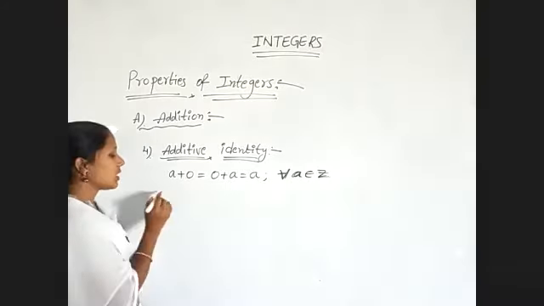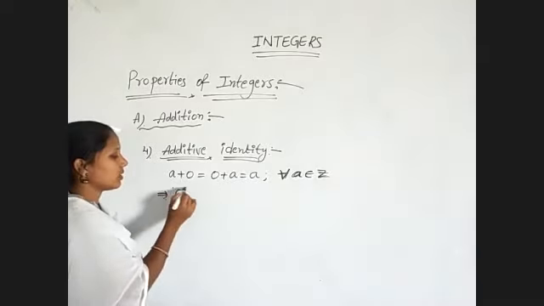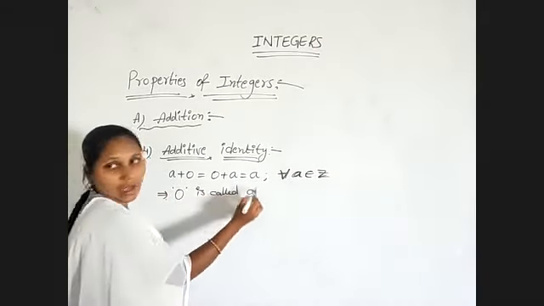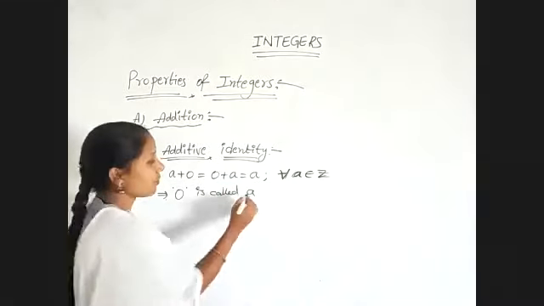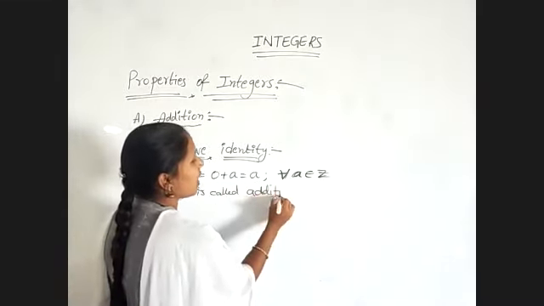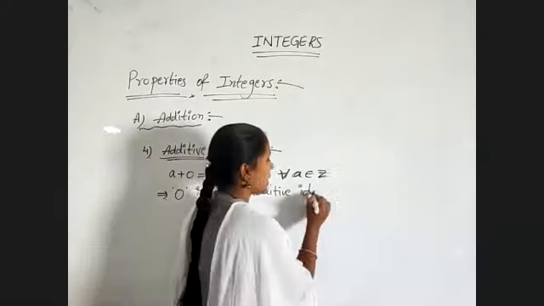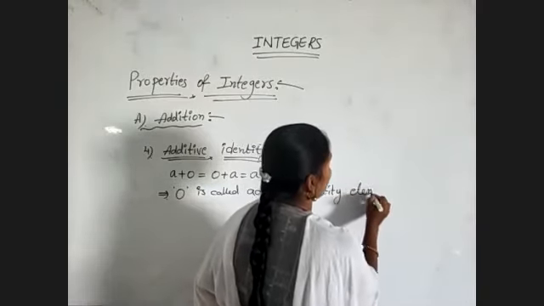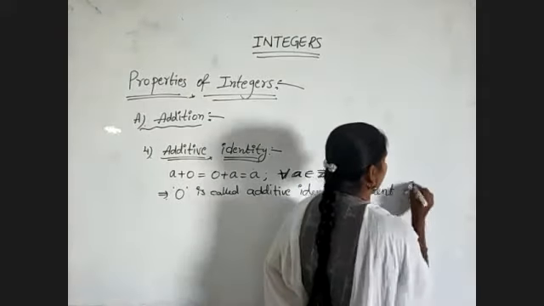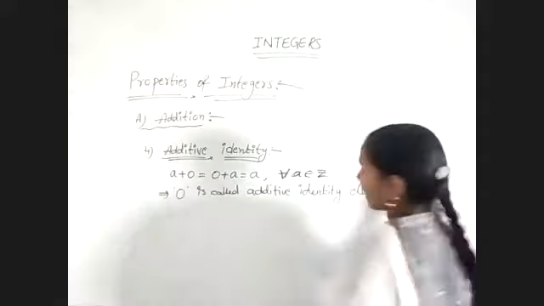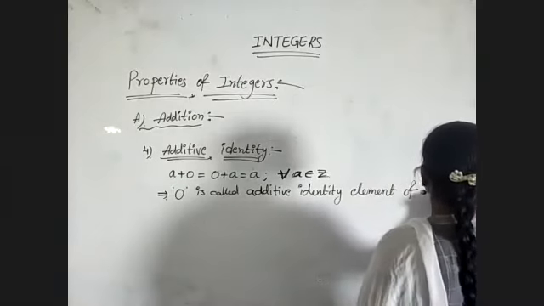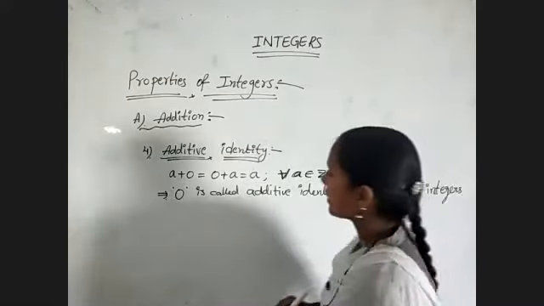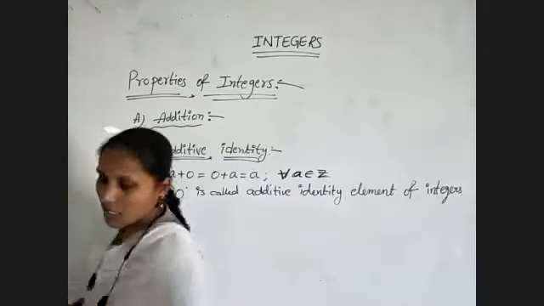That's why 0 is called the additive identity element of integers.